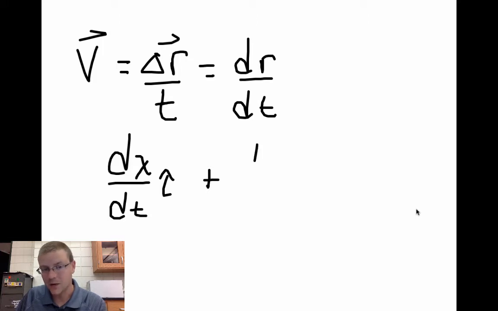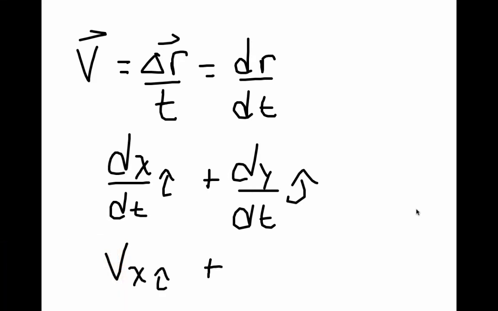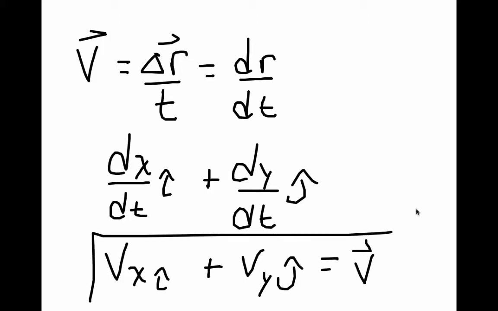I'm going to add that to the derivative of y with respect to time in the j direction. What that will give me is a velocity in the x direction and a velocity in the y direction. That will give me my complete velocity vector in 2 dimensions. So there's a vx and a vy component.